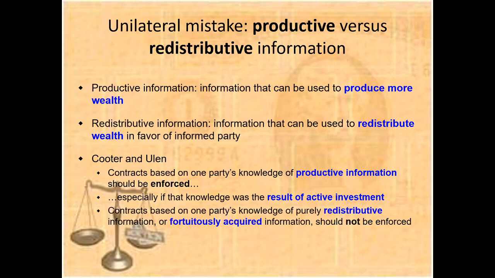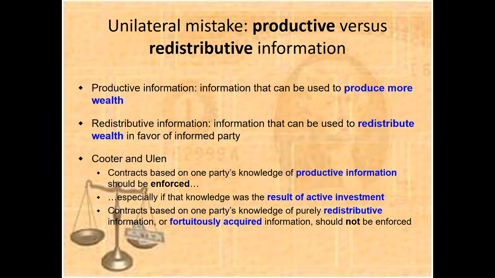If that is the case, then you need not worry too much about it, because that itself gives an incentive to parties to acquire information and get a positive advantage over the information they have.